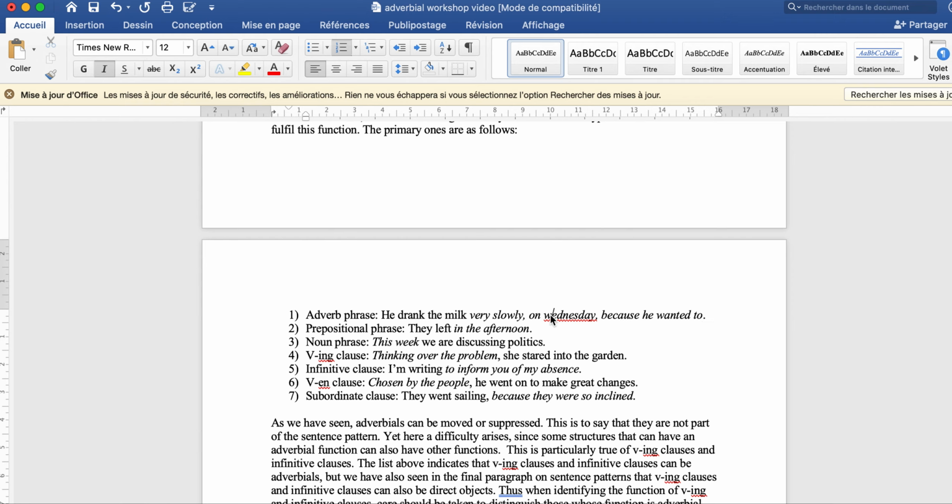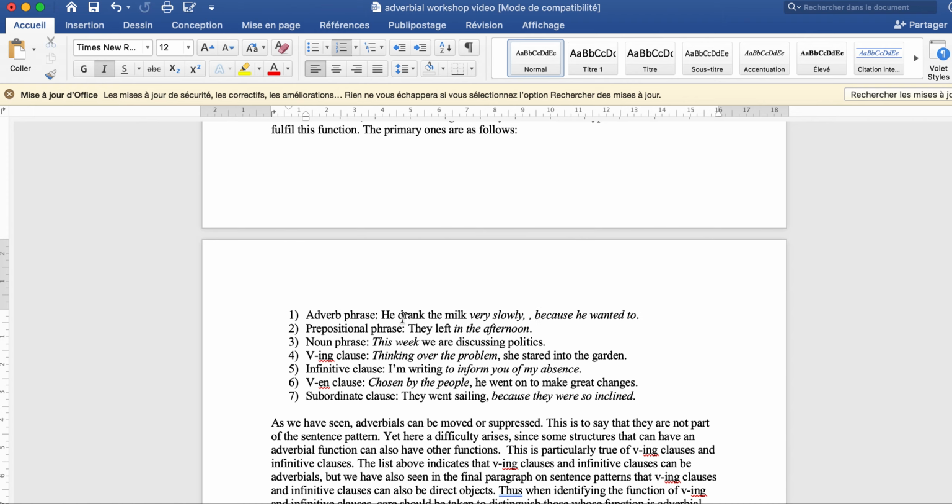Wednesday is, of course, a capital. It's not like in French. So as I said, we could suppress these, or we can displace them. So I could say on Wednesday, I could put this one here, why not?